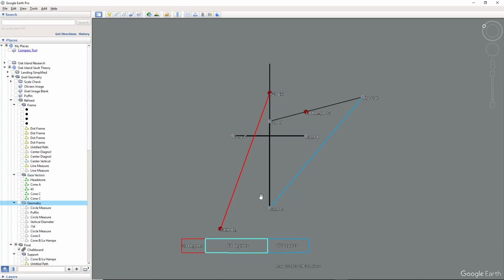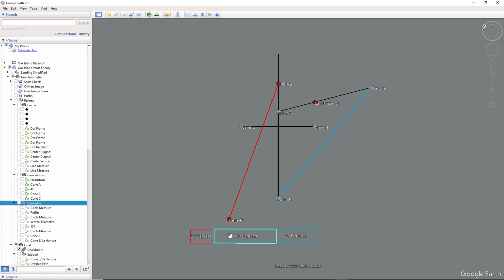So what we have is the set point with the 20-degree angle going to the 429. We have Nolan's cross. We have cone E and a 40-degree angle going to the oak entrance. So this is the final geometry that comes out of the Rochefoucauld Grail thing.